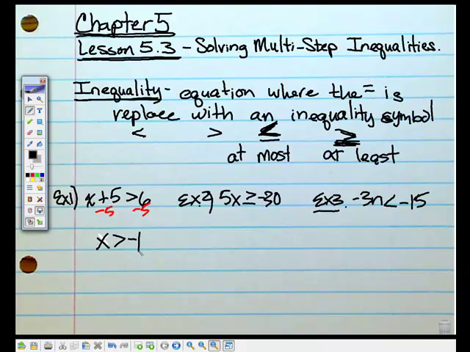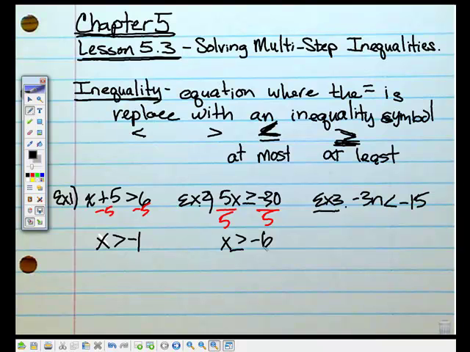If we go over here to example 2, and this is the stuff you would find in lessons 5.1 and 5.2, we would be looking at getting x by itself. To get rid of multiplying, we would divide. We would divide over here. So our answer to this one would be that x has to be less than or equal to negative 6. You will have to graph these.